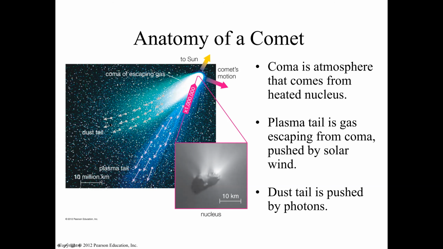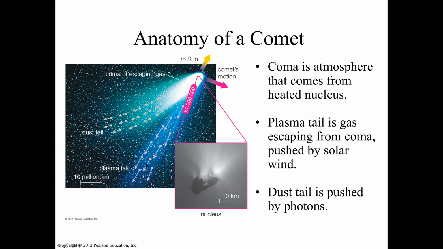The dust tail is just these pieces of dust. This is brighter because they reflect sunlight. And they usually follow the path of the comet. Not all the time.